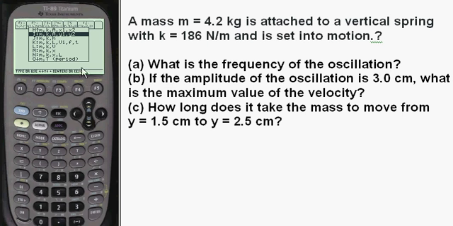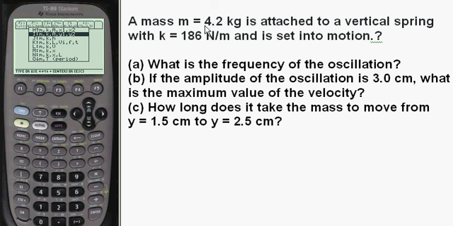Now notice that this x1 and x2 is still in the vertical section of my programs, because a lot of professors or people who dream these problems up evidently don't understand that when you have a vertical spring, you've got the y-axis, and when you have a horizontal spring, you've got the x-axis, which is x1 and x2.